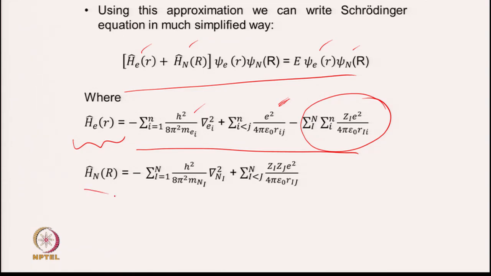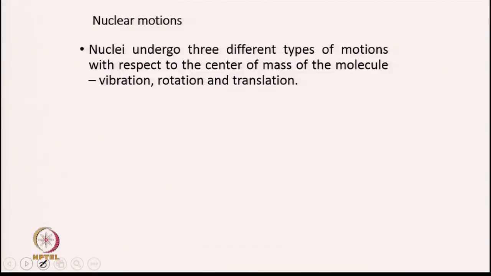And then the Hamiltonian of the nucleus will be given by this: the kinetic energy term, and this is the interaction between two nuclei.